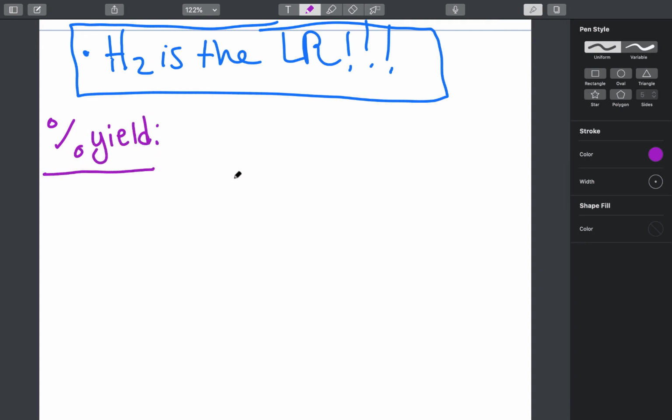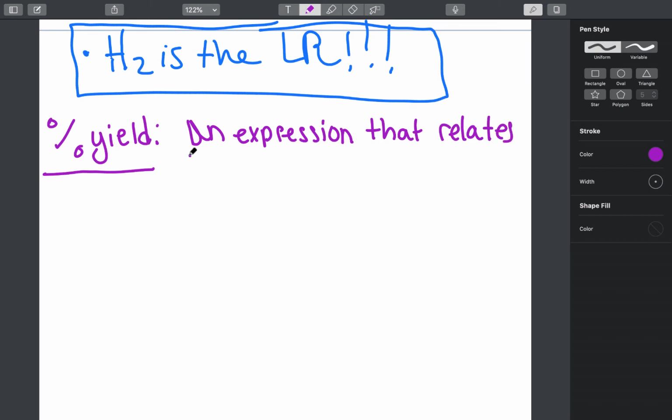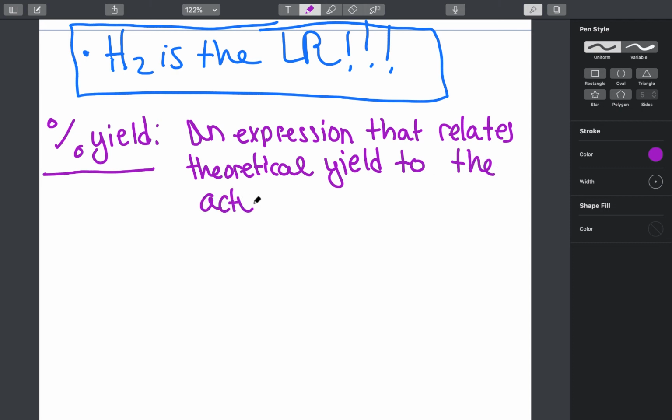Percent yield is an expression that relates theoretical yield to the actual yield.